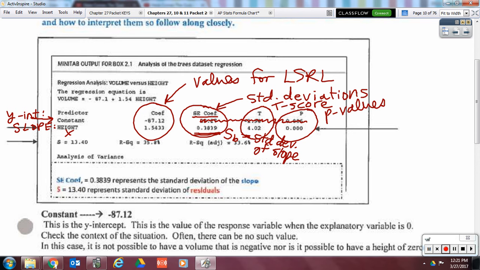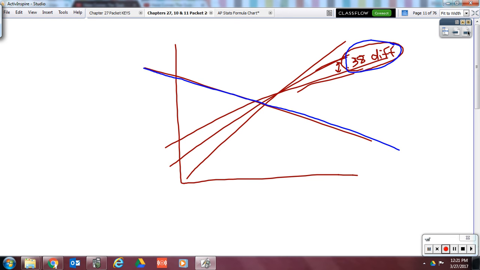Now, I'm interested in how far our slopes can be off from each other and still be reasonable. I want to know that, so that having equations like this isn't going to totally throw me off. I'm not going to freak out if you get this equation right here, because these slopes can be off.